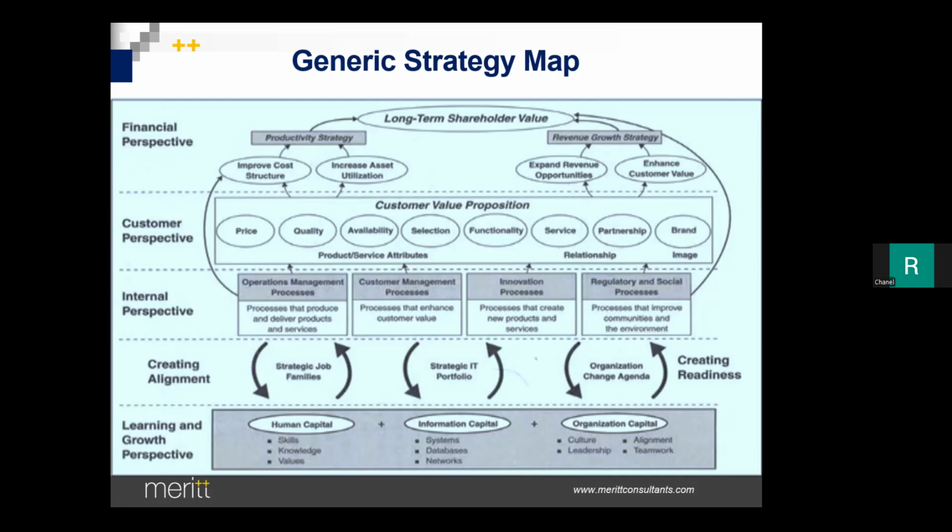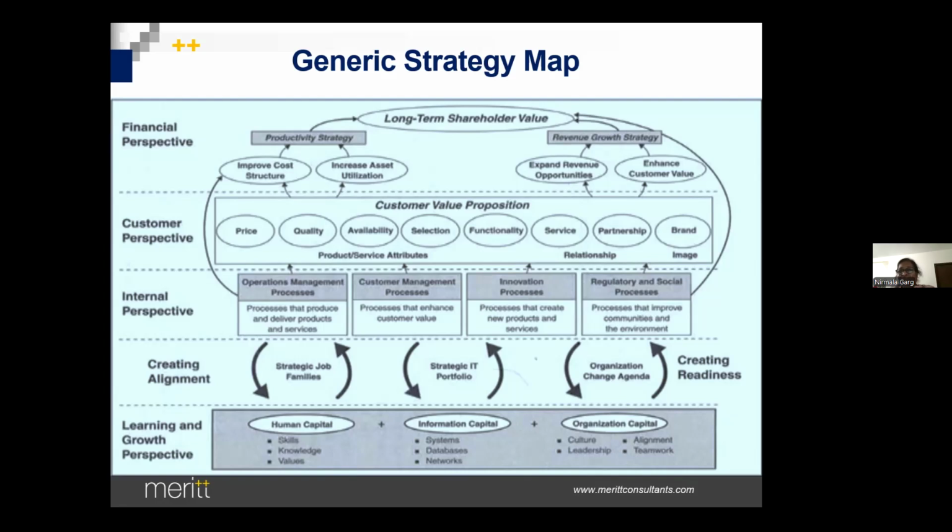Is cost structure a perspective? The four perspectives, there is nothing vague. What are the four perspectives in the balanced scorecard?